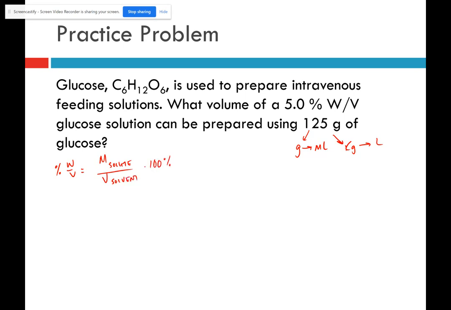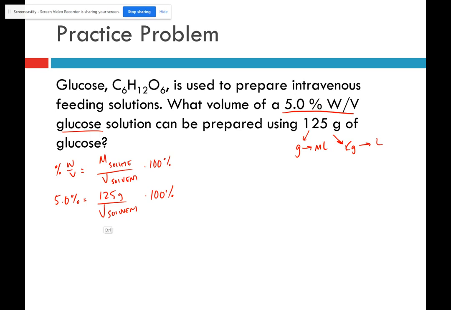They told us that the solution is a 5% solution, and we're told that we have 125 grams of glucose. So that's going to be the solute. We don't know how much solution that's going to make, so that's what we need to divide it by.